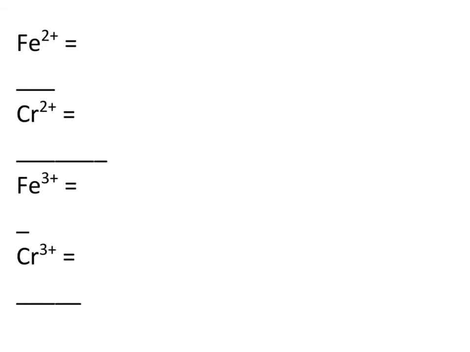So if we were to look at this, and I know this is probably insulting your intelligence a little bit, but iron 2 ion, chromium, oh my gosh, am I spelling chromium wrong?